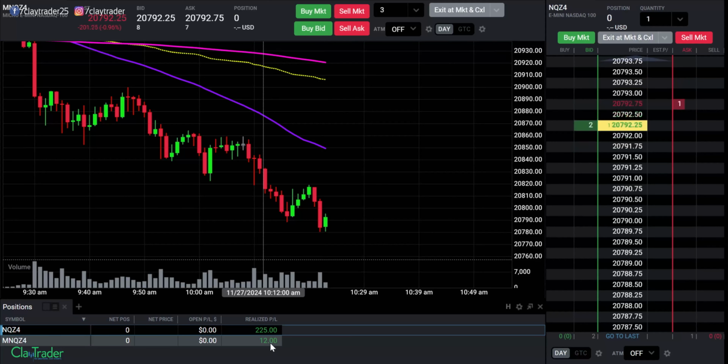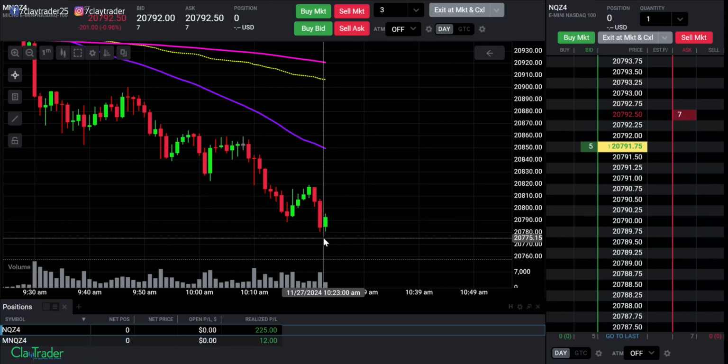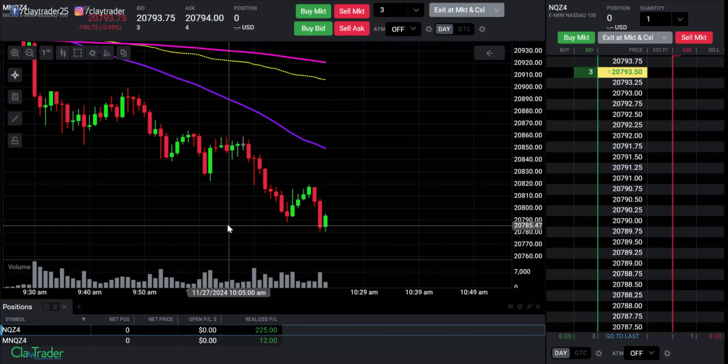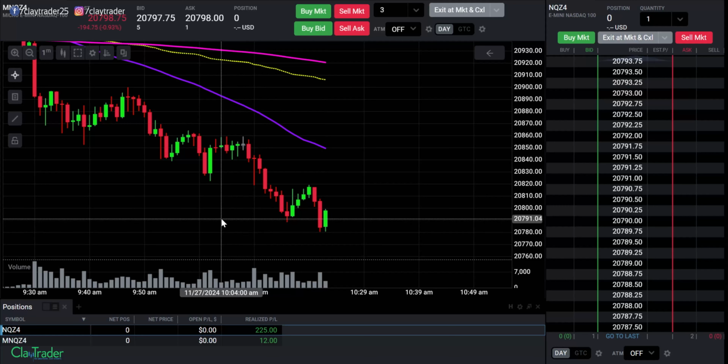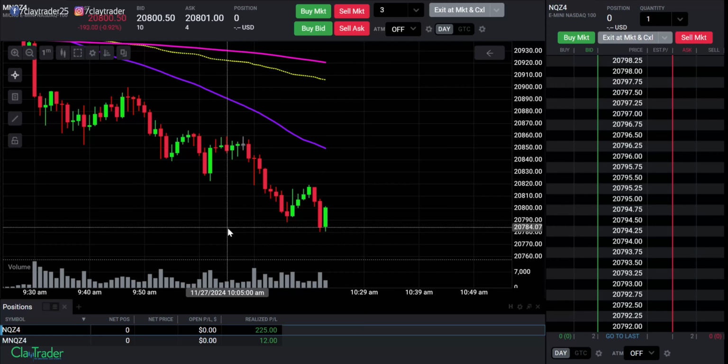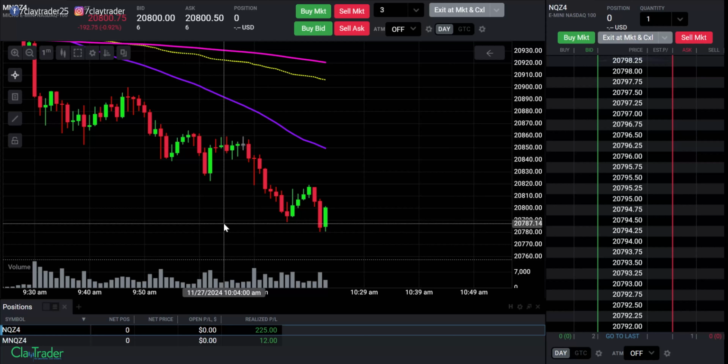So $12 on that one. Again, I get it's super small, but that's what the micros are. But I tell you what, I'm glad that I did that when that spike occurred, because that was wild. And really, I held longer than I should have.